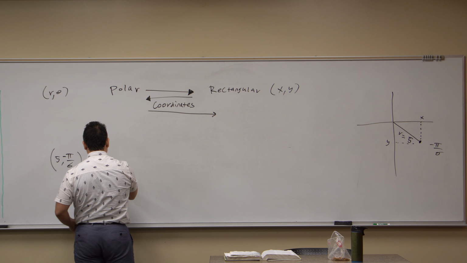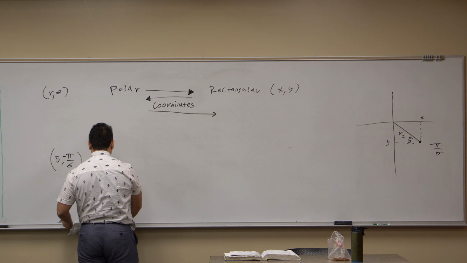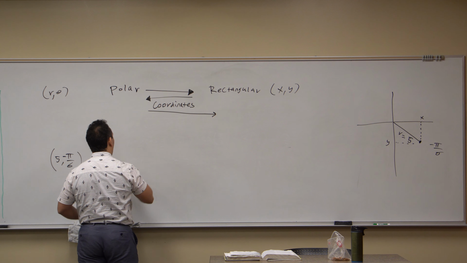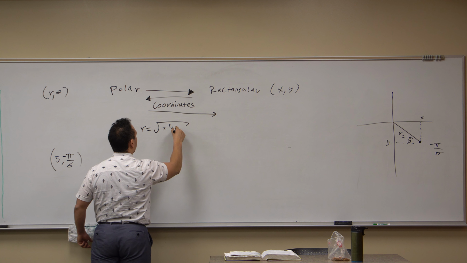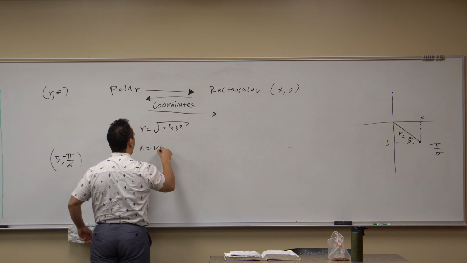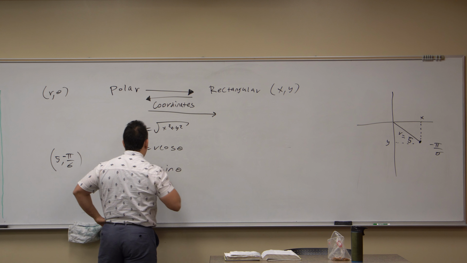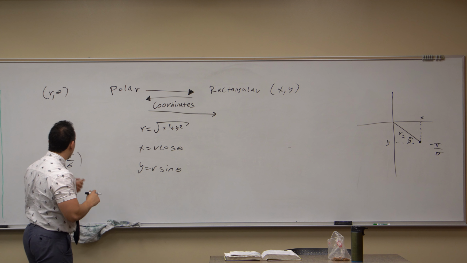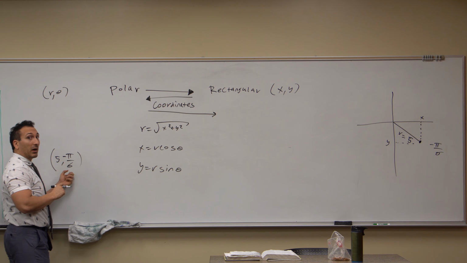Alright? I've erased our transformation equations, but it's okay. It's good to use repetition in writing them down. The transformation equations: r is equal to the square root of x squared plus y squared. x is equal to r cosine of theta. And y is equal to r sine of theta. Notice that we have r and theta. r is 5, theta is negative pi over 6.